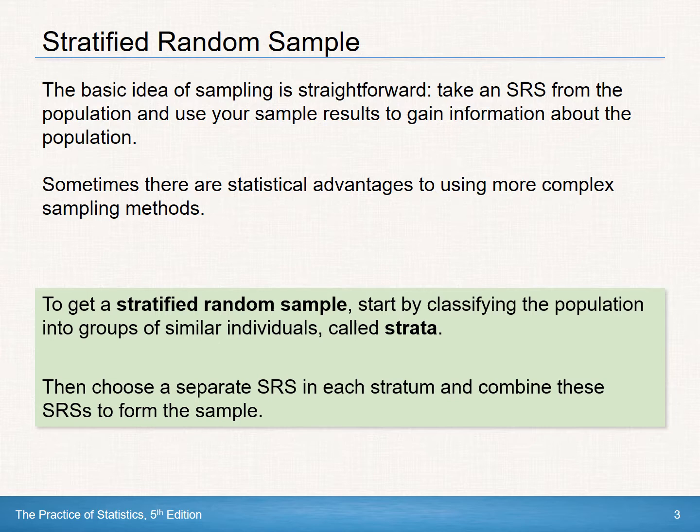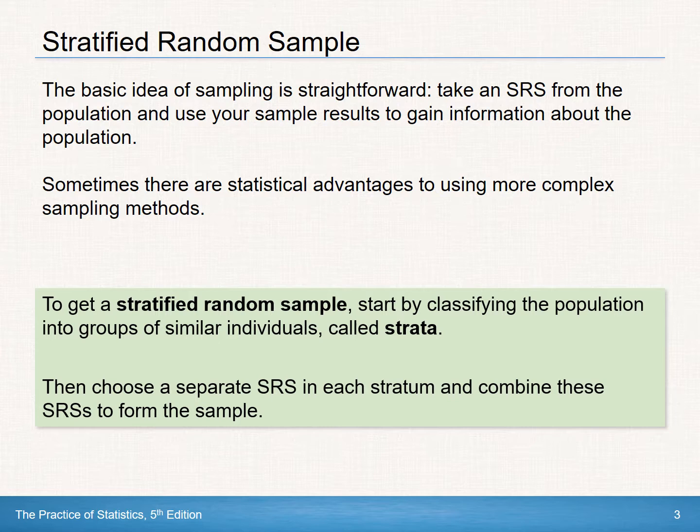To get a stratified random sample, start by classifying the population into groups of similar individuals called strata. Then choose a separate SRS in each stratum and combine these SRSs to form the sample.